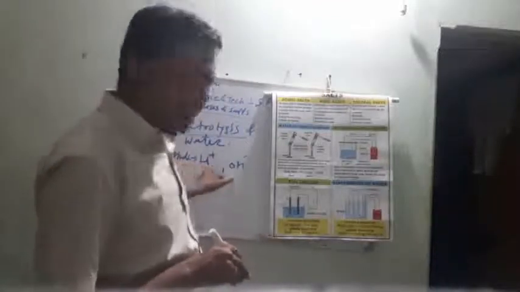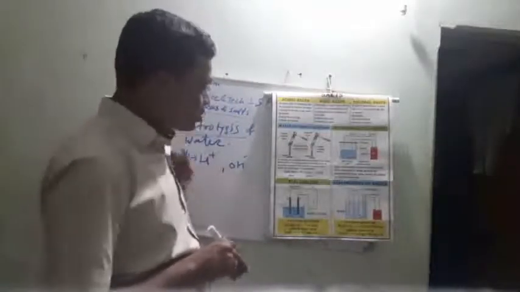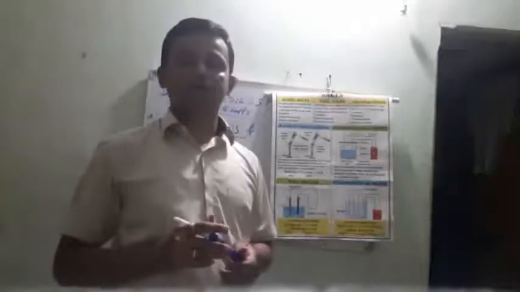Towards the cathode, hydrogen gas is formed, and towards the anode, there is a formation of oxygen gas. So this is called electrolysis of water. Now this is the concept of electrolysis of water. Now we also have to write the reactions at the electrodes.